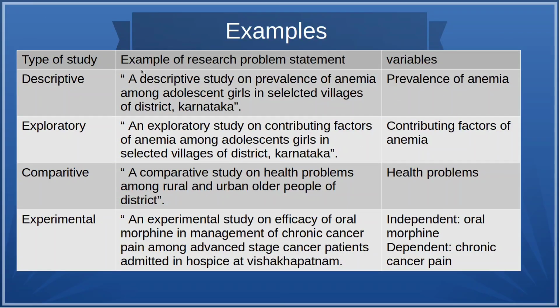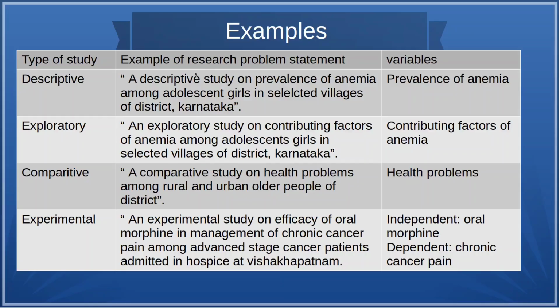So there are some examples of a type of study, problem statement and variables in that statement, so you can clearly understand. If it is a descriptive study, the statement looks like this: a descriptive study on prevalence of anemia among adolescent girls in selected villages of district Karnataka.